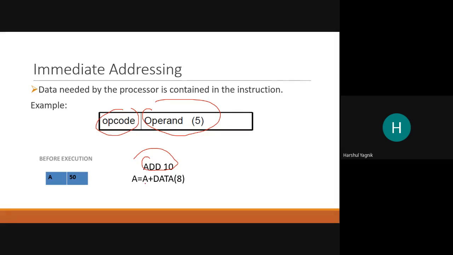The already existing content of register A and the 8-bit data given in the instruction, which is this number, both will be added and the result is stored into register A. So after execution, what will be the value of register A? Here 10 is written in decimal, okay?